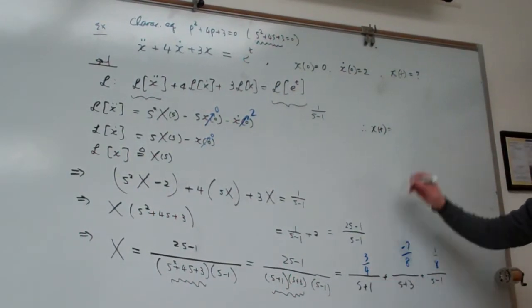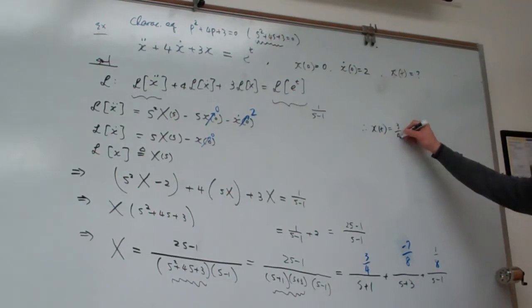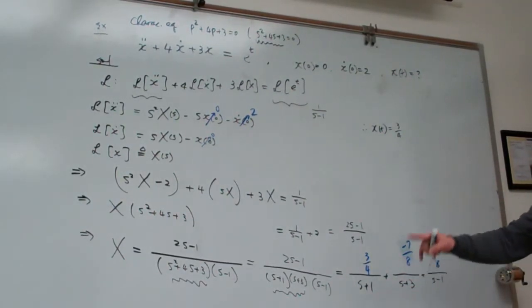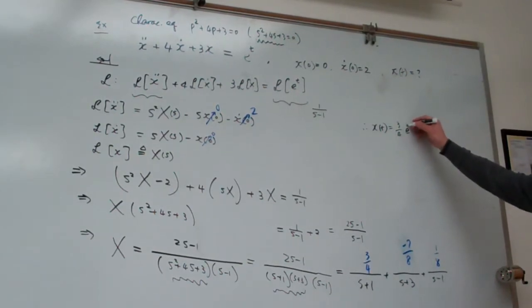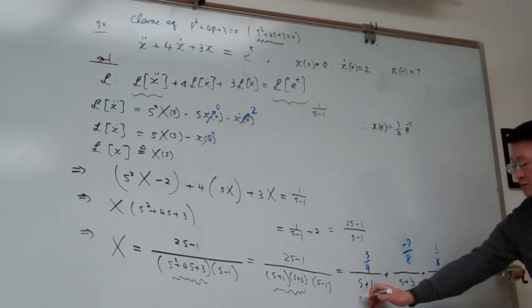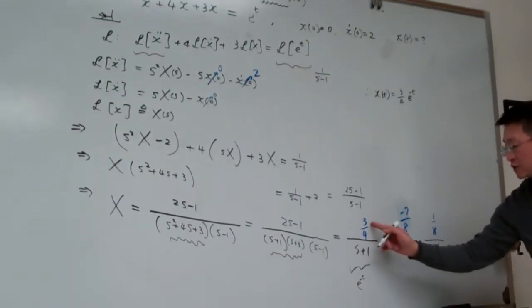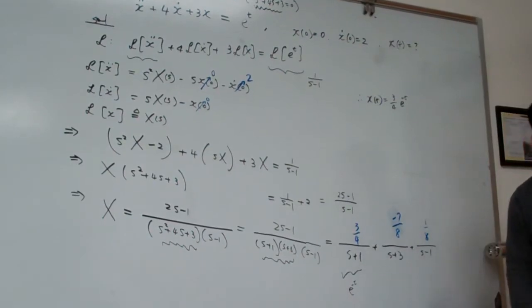Okay, so for the first term, the coefficient is 3/4, and 1 over s plus 1 corresponds to e^(-t). So you convert to e^(-t) and multiply with the coefficient.